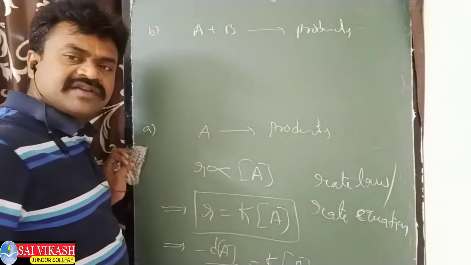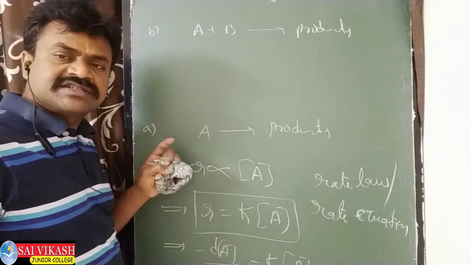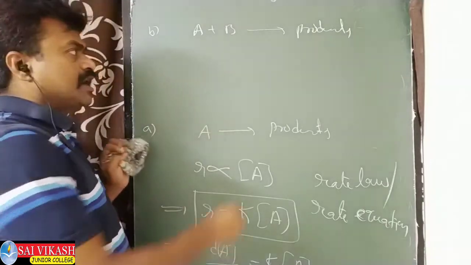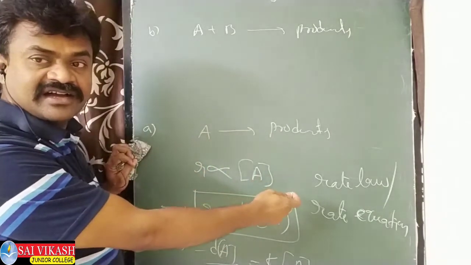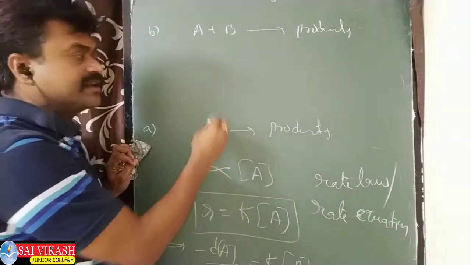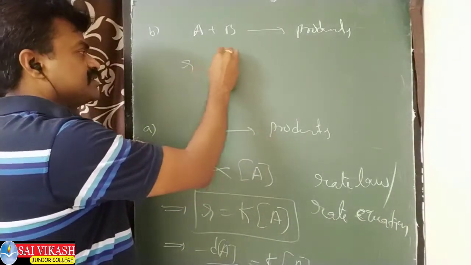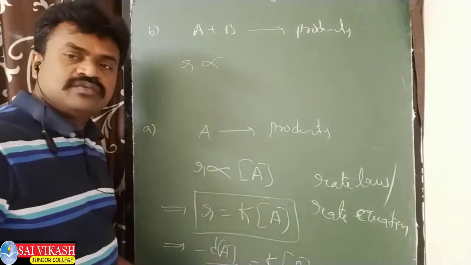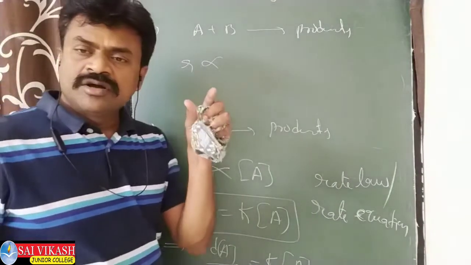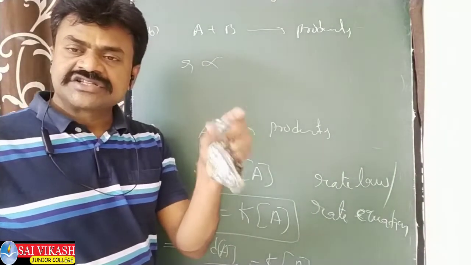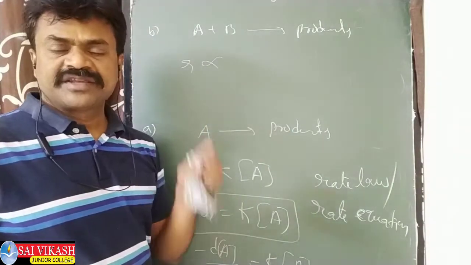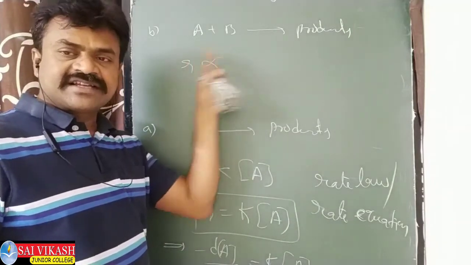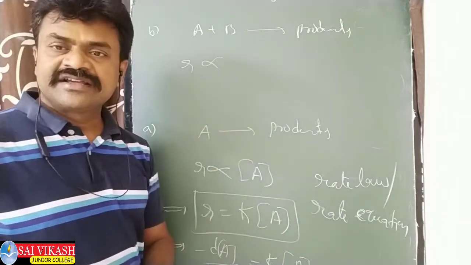The general form is given. Then how to write the rate law, the rate expression? So the rate is directly proportional to the molar concentrations of the reactants. Here two reactants are there. So then how do you write?